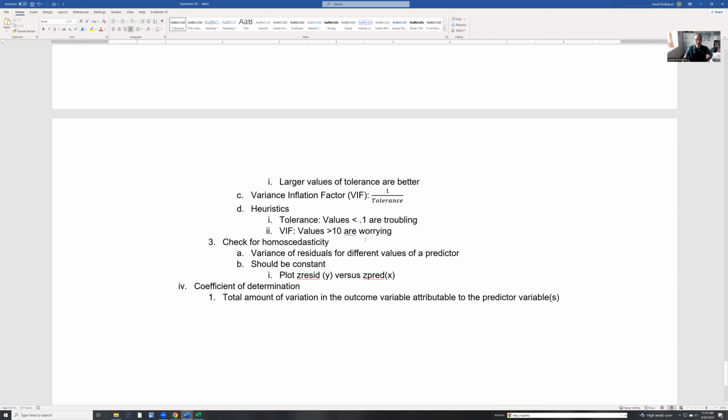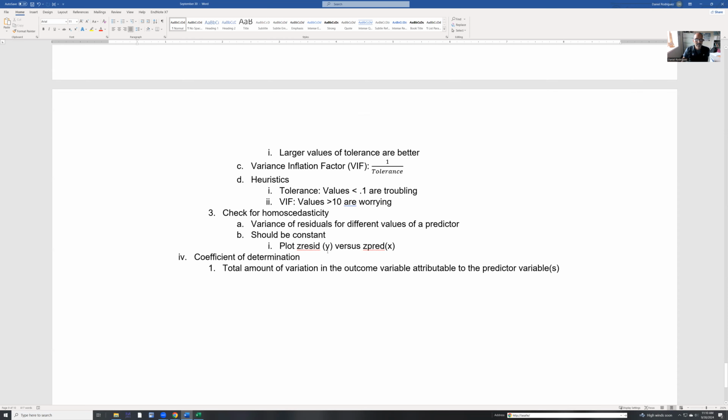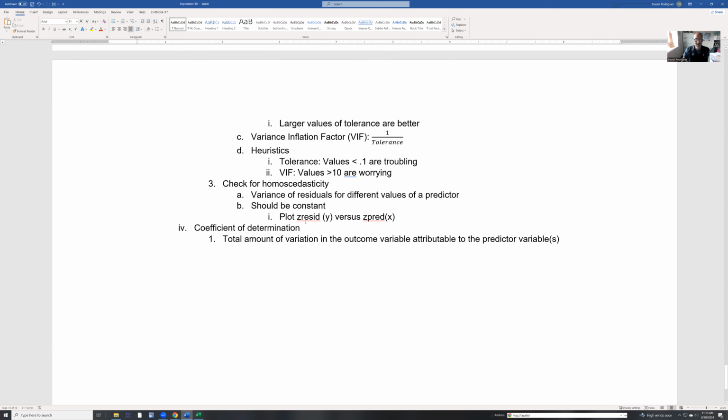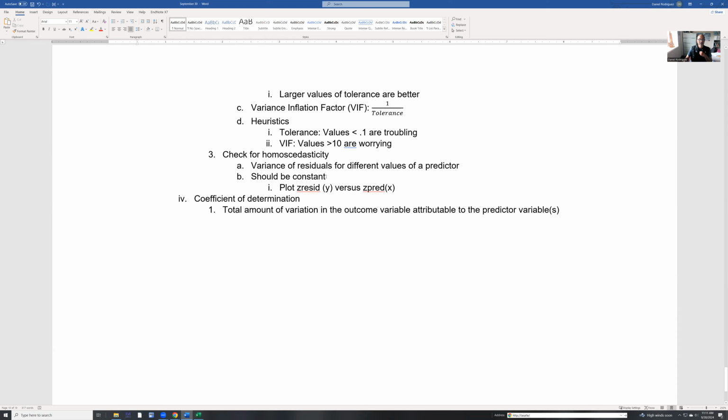Remember, a value less than 0.1 would mean most of the shared variance is accounted for by the other variables. Right? A larger value means less is accounted for by the other variables. We also want to check, well, what happens if we find variables that are strongly correlated? They might be measuring the same thing, so we can get rid of some of them, the ones that are highly correlated.